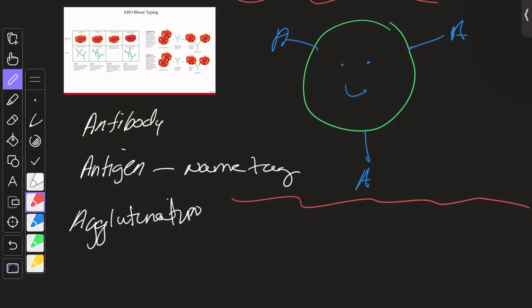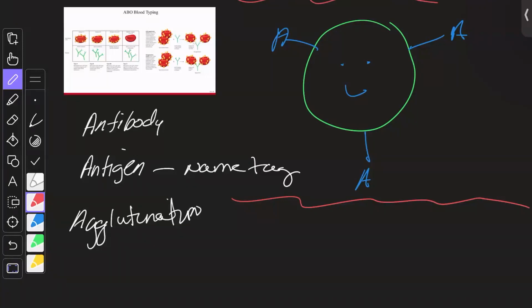Well, in my body, be antibodies. No, hang on, back up. I have type A blood. I cannot have type A antibodies. If I have type A antibodies, my antibodies are going to attack, right?